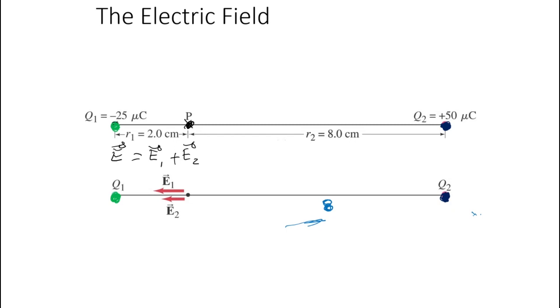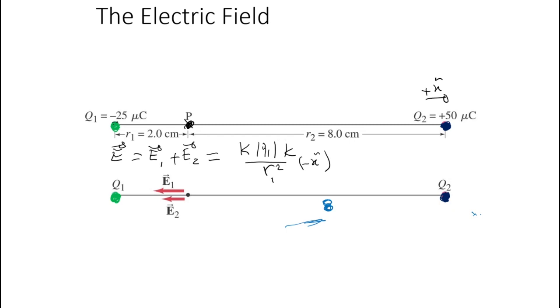The only thing we need to do is to find the magnitude, which is very simple. The electric field will be K times Q1 divided by R1 squared. Remember, the west direction is represented by negative x, because we said x in that direction is positive.